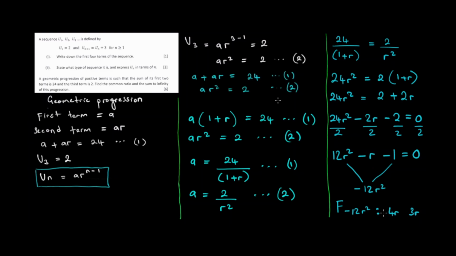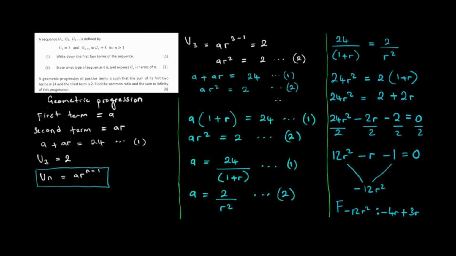So if we make 4r a negative and 3r a positive, minus 4r times 3r is minus 12r squared. A negative multiplying a positive gives a negative. Minus 4r plus 3r is evidently minus r.